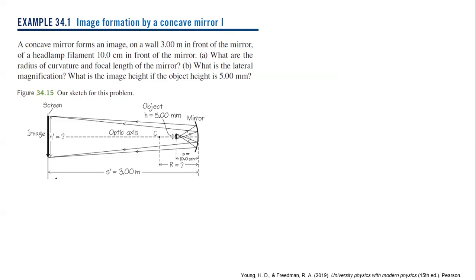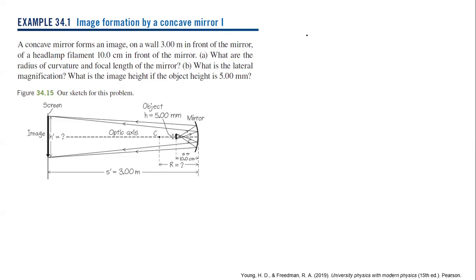The mirror forms an image which is 3 meters in front of the mirror, of a headlamp 10.0 centimeters in front of the mirror. What are the radius of curvature and the focal length of the mirror? What is the lateral magnification? What is the image height of the object if the object height is 50.0 millimeters?